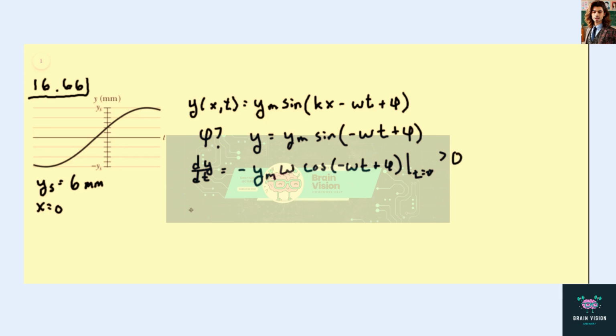And so this means that negative cosine of phi, because at t equals 0, if this goes away, we don't care about these to get the sine of this, because you can divide by y sub m and omega on both sides, and you still get that negative cosine of phi has to be greater than 0.